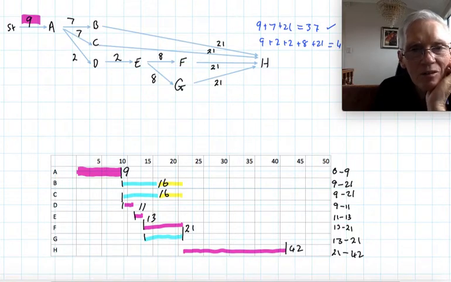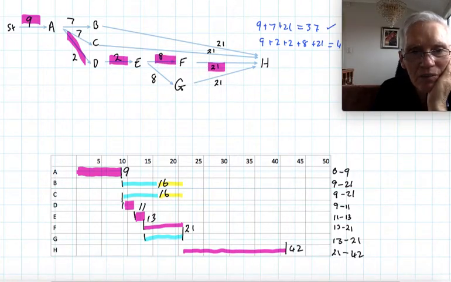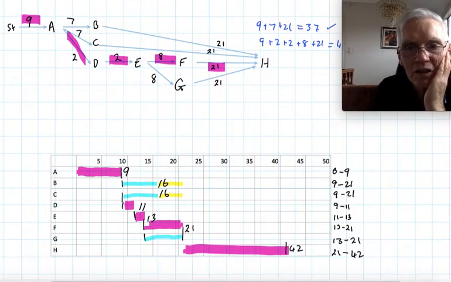And then our critical path goes down the bottom, with 2. That will take us to 11. Another 2 along here to 13. Doesn't matter which way you go, E or H. So to F is 8 and to H, 42. So we've got to 42 minutes there.